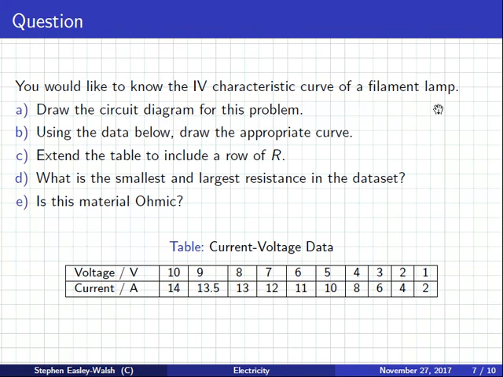Does anyone know what a filament lamp is? I know film. It's not related. Filament lamp. I know Philip. Do you know lamp? Made by film. It's not a lamp made by a film, believe it or not. What is this? Yeah, but what the heck is that?